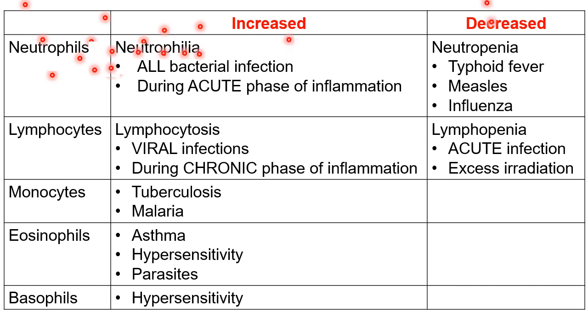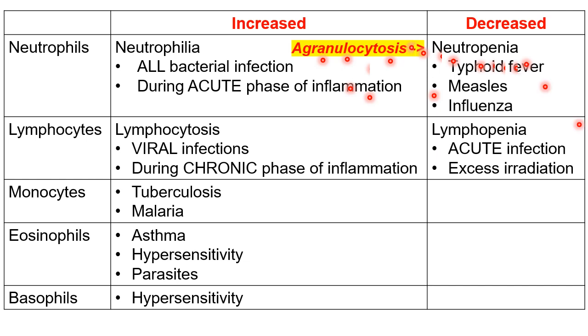Mababang levels of neutrophils, ang term natin dyan is neutropenia. But in some other cases or books, ang term nila doon is agranulocytosis. So, wag tayo magpapalito, ha? Agranulocytosis is synonymous with neutropenia.